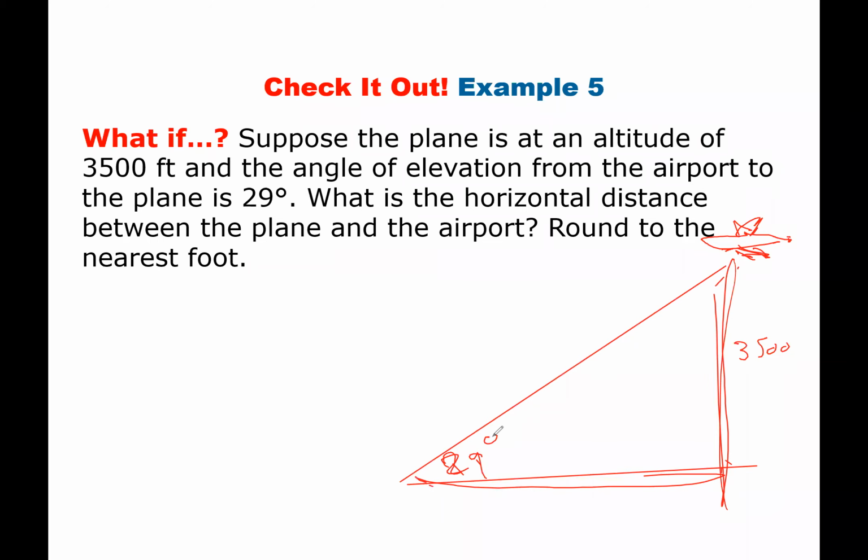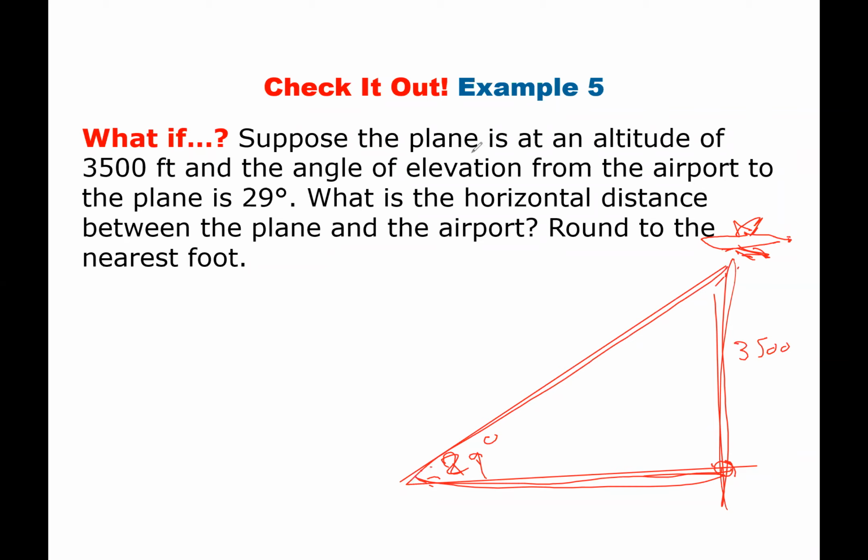What's the horizontal distance between the plane and the airport? Call this one. Do you want this distance or this distance? He wants the distance between the plane and the airport.